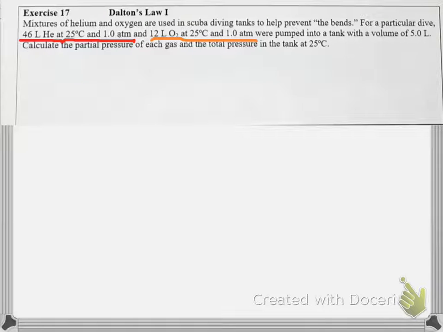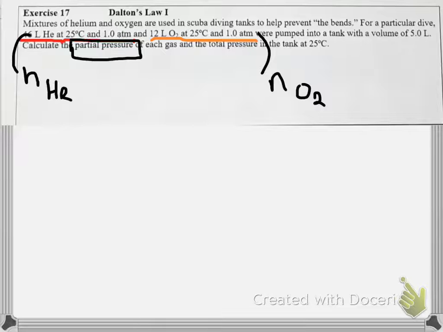As soon as you know that you have P, V, and T, you can use the ideal gas law. So we can use these numbers to solve for our moles of helium and our moles of oxygen. We are told we want to calculate the partial pressure. Well, in order to have the partial pressure, we need the mole ratio, and we need the total pressure.